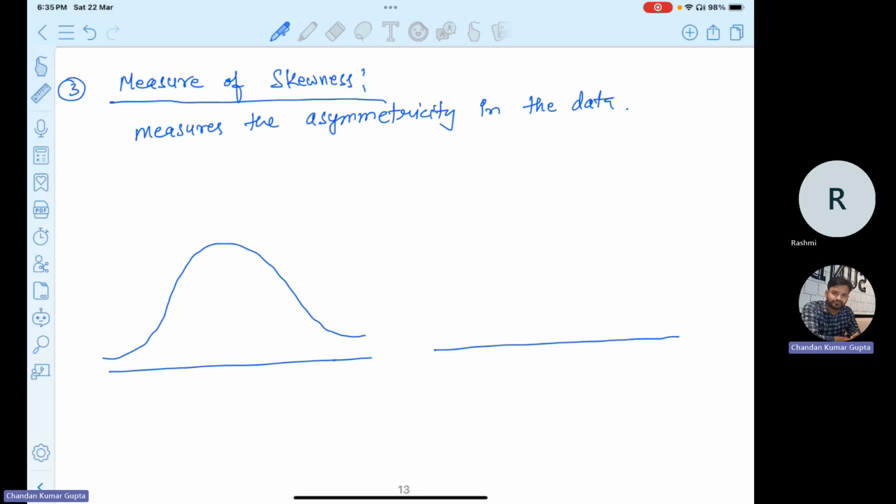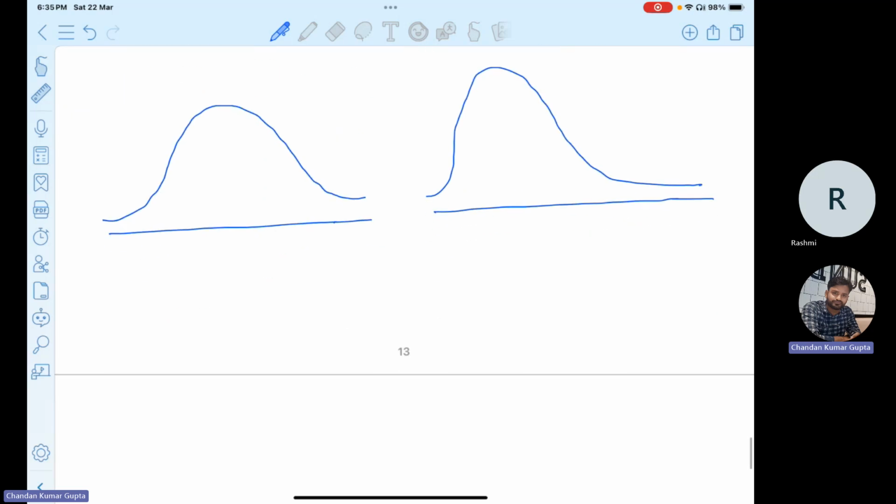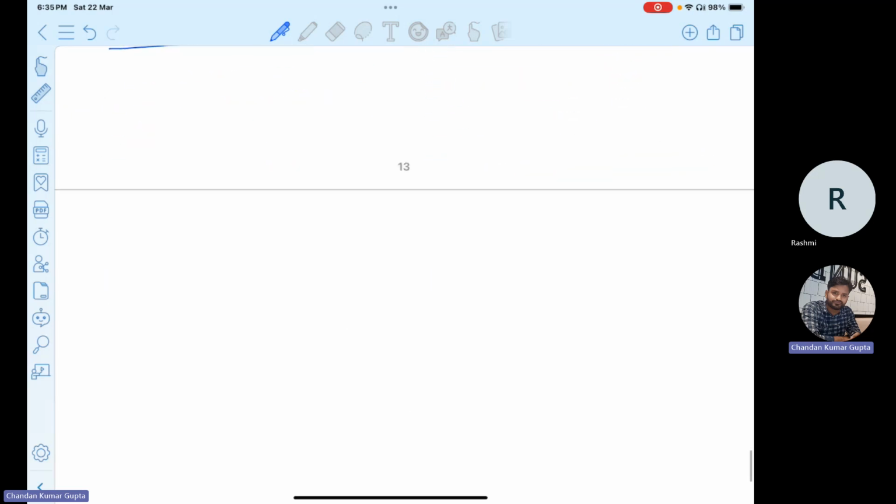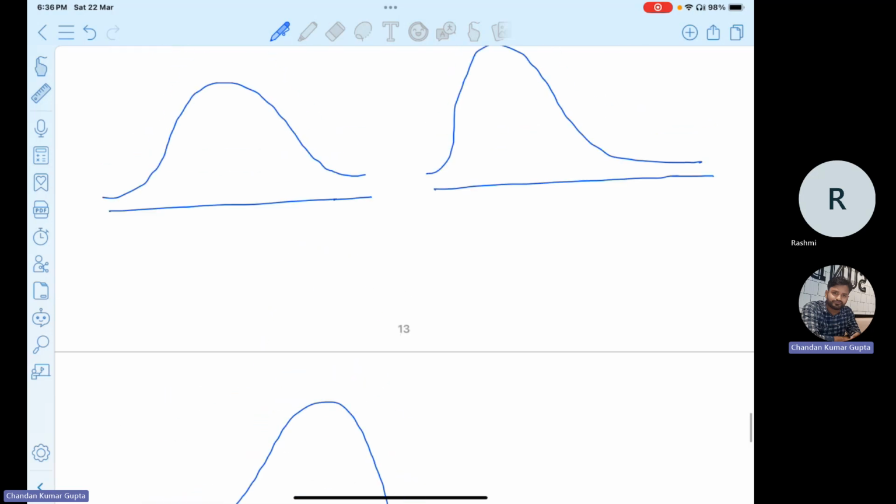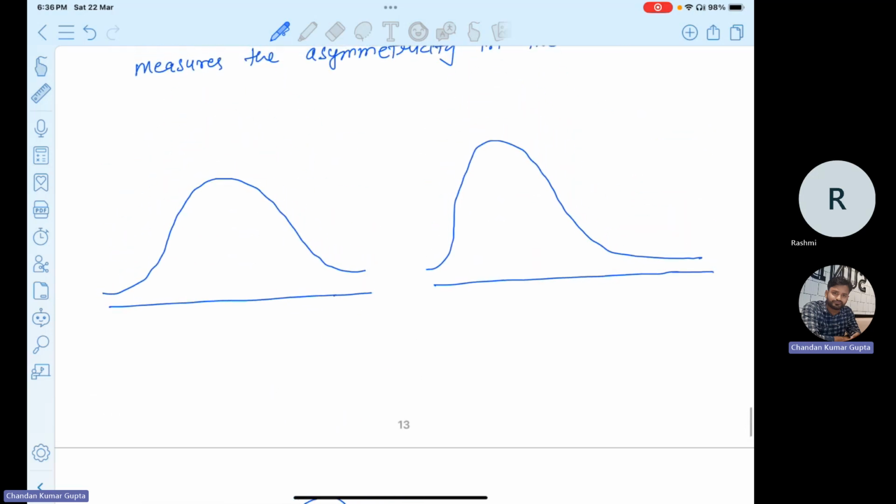This one is one graph. This is another graph. We have three different possibilities of the graph.